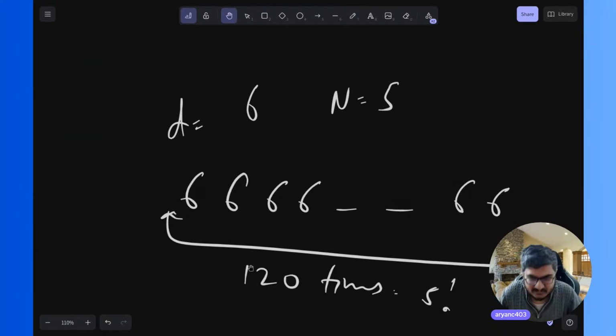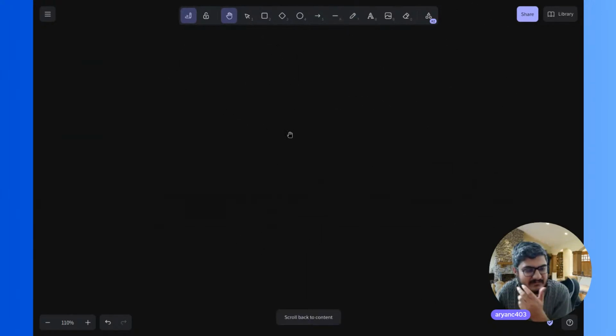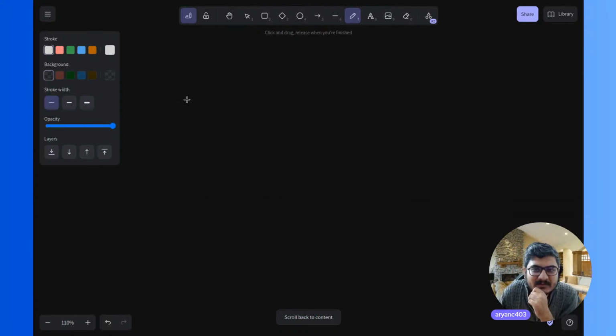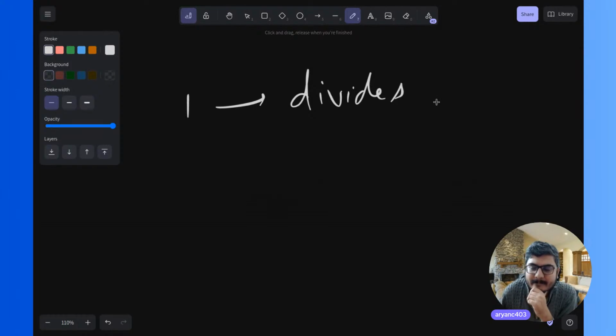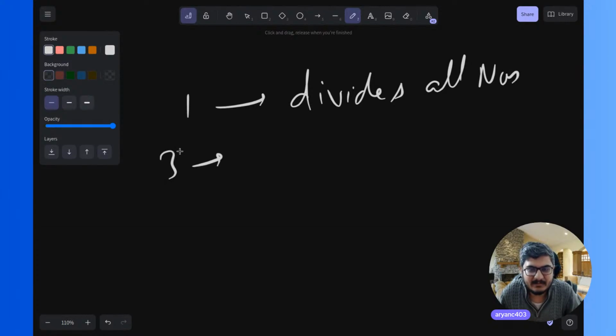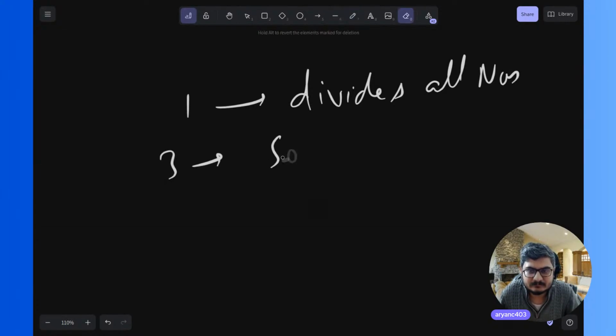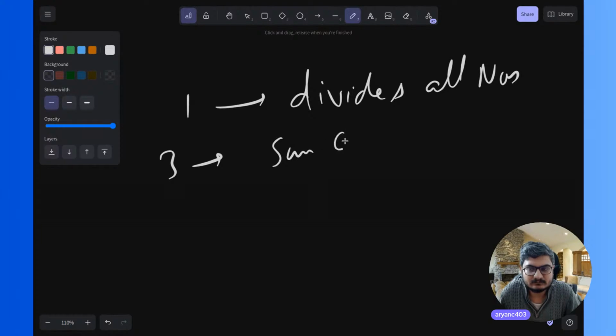The main idea I had was to look at the different divisibility rules we have. 1 divides all the numbers. 3 divides if the sum of digits is divisible by 3.